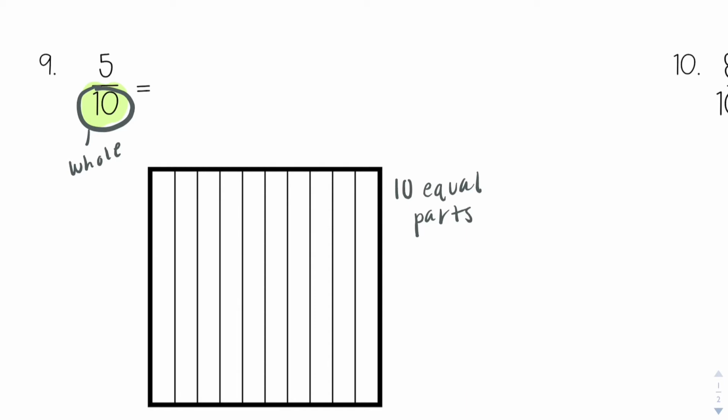And so I'm going to use a model where the whole is divided into those 10 parts. The numerator is going to tell us how many parts are highlighted or how many parts I'm using. In this case, I'm using 5 equal parts of the 10, so 5/10. So you can see that I'm highlighting 5 parts. Now you don't have this on your paper, however, I'm just showing you the model because we can always practice with models.